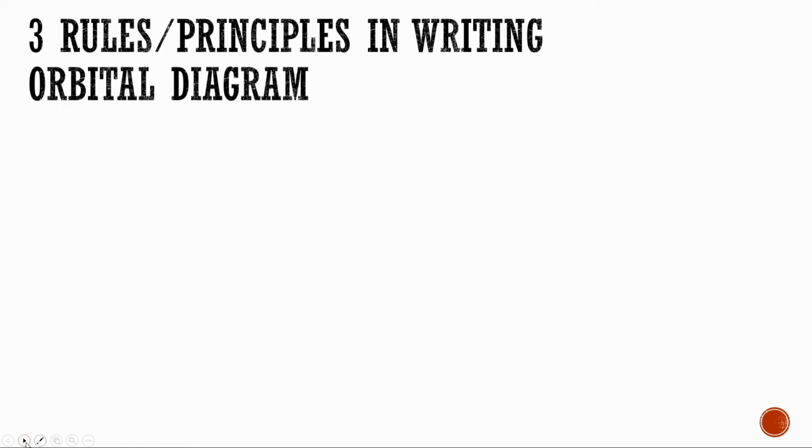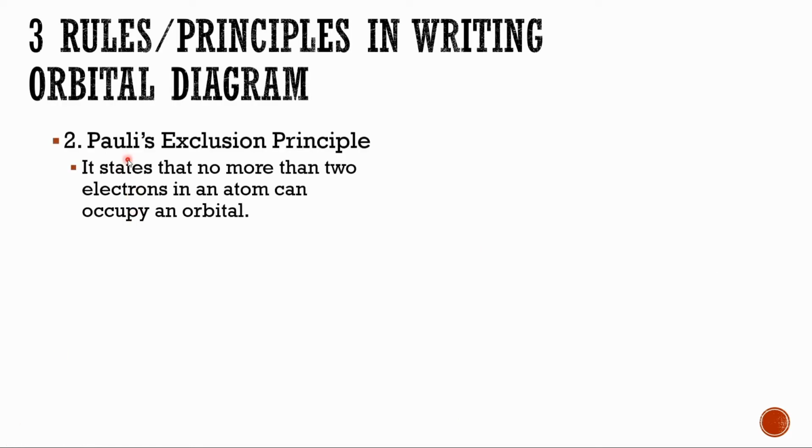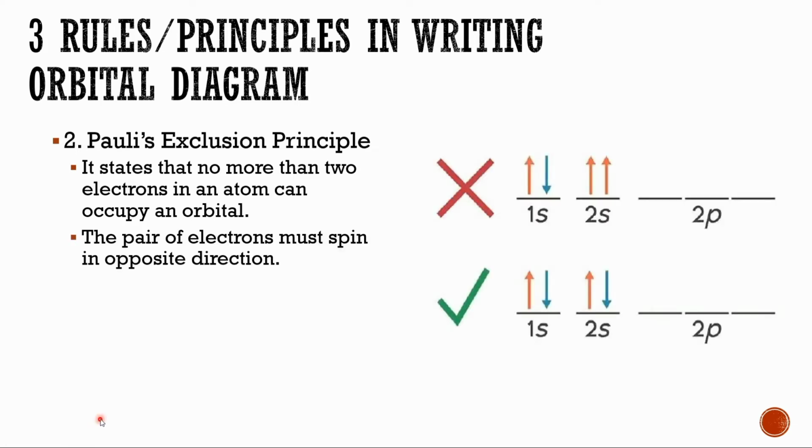Okay? Okay, so next rule is what we call the Pauli's exclusion principle. It states that no more than 2 electrons in an atom can occupy an orbital. Kanina pinakita na natin ang itsura ng orbital. So anong ibig sabihin nito?